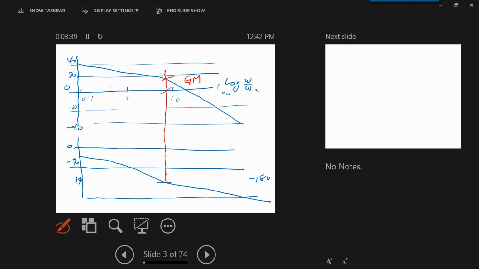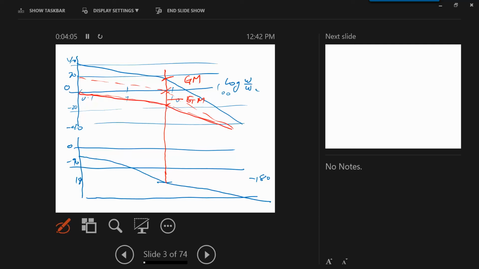I have to bring this system down to make zero gain margin. And if I want a positive gain margin, I have to reduce it even more. If I want a reasonably positive gain margin, I want the magnitude plot to be this line here.